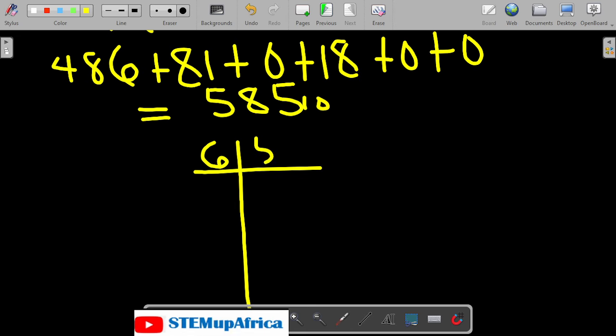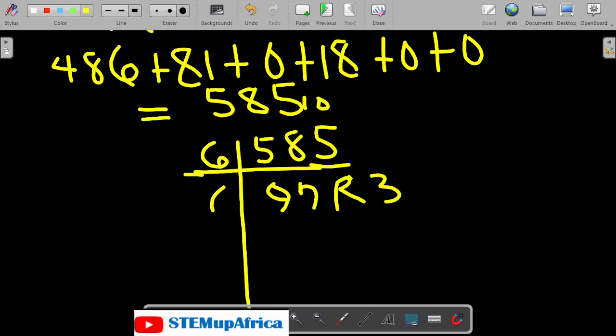In base 6, 585. So if I divide, here will give us 97 remainder 3. So 6 again. 97 divided by 6, that's 16 times 6. So here will give me 16 remainder 1.